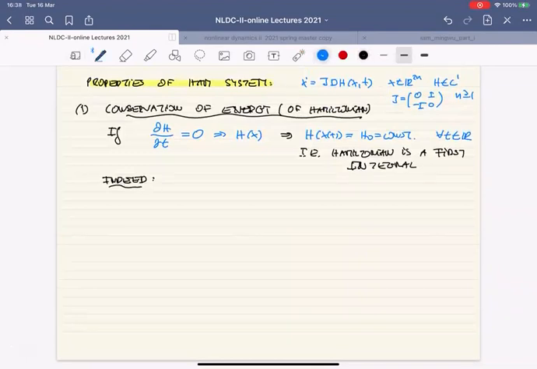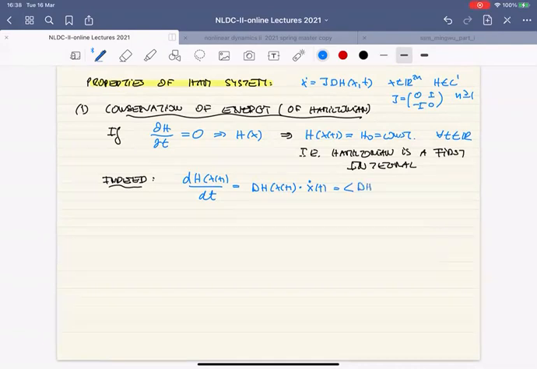It's true by simply substitution. You plug in the trajectories, you differentiate them with respect to time, right? So by the chain rule, you take dH of x(t), and there's no explicit dependence on time. So I just need to dot this with x dot of t. Now, if I write this as an inner product, then this is dH.